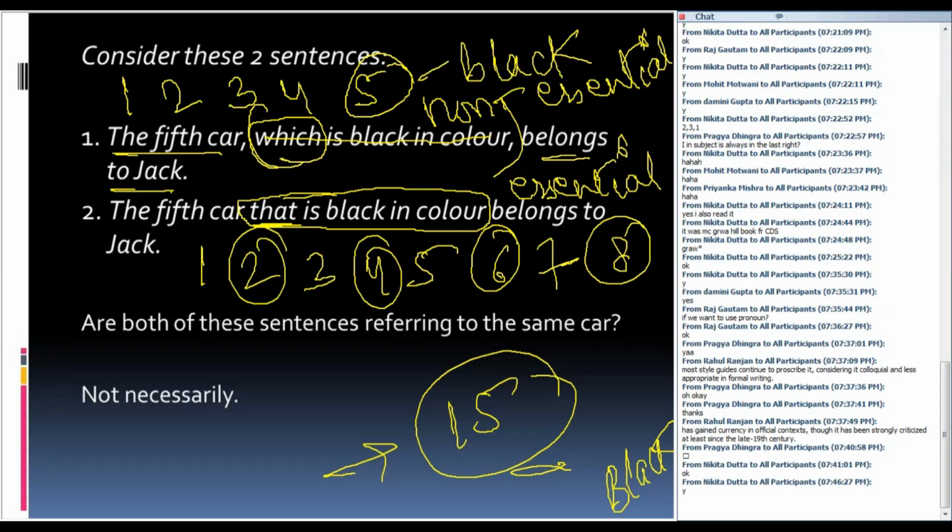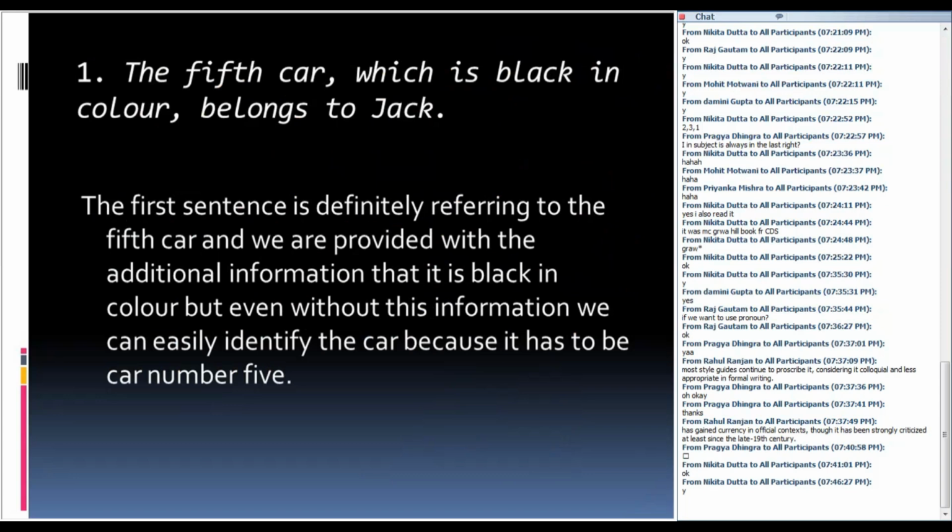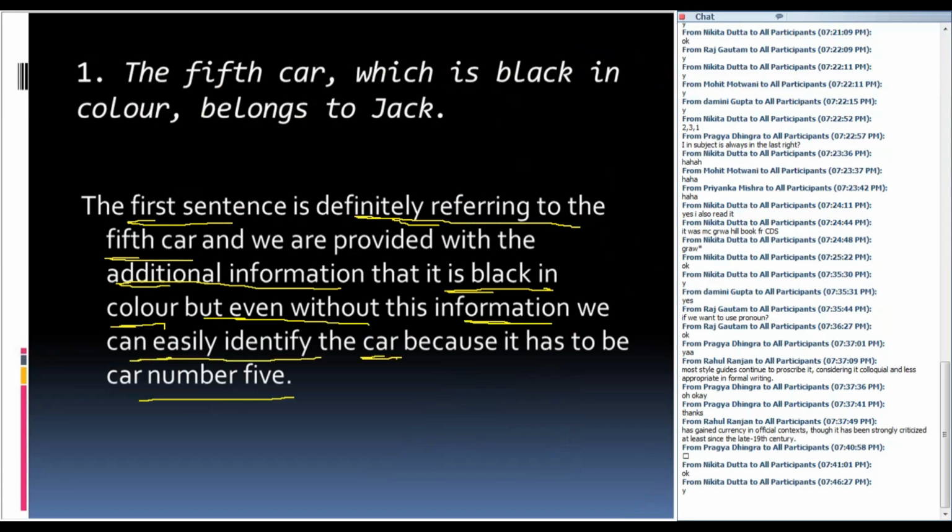Whatever I just told you, it's here. Sentence number 1, the fifth car, which is black in color, belongs to Jack. So we know for certain that this sentence is definitely referring to the fifth car. And we have additional information that it is black in color. But even without this information, we can easily identify the car because it has to be car number 5.